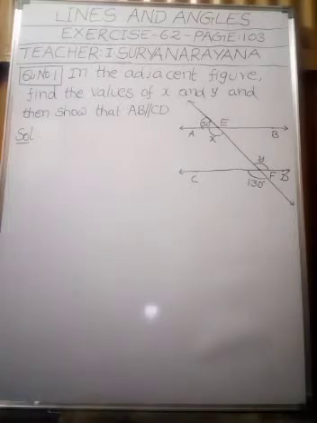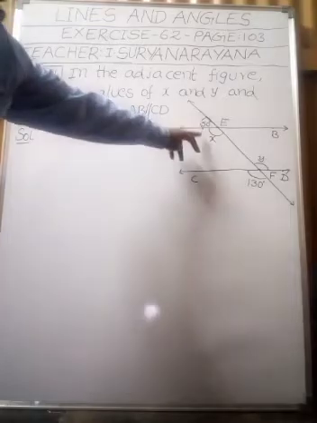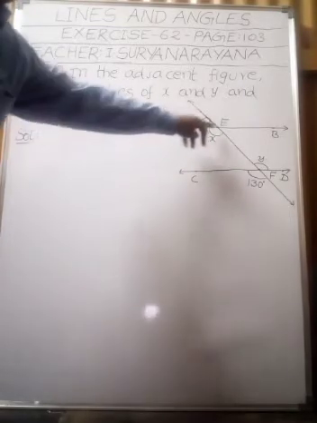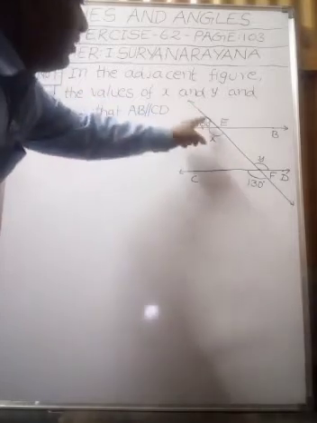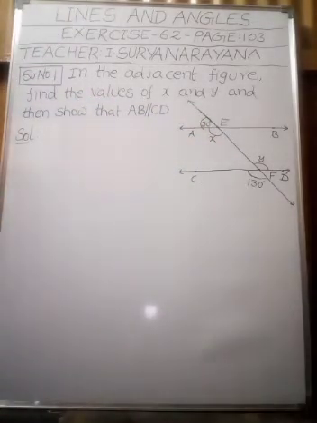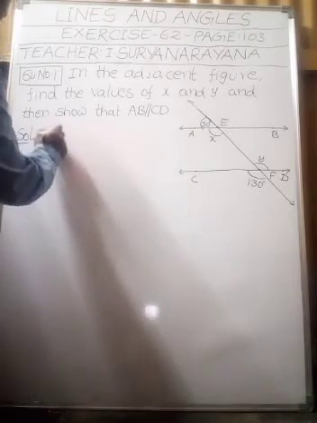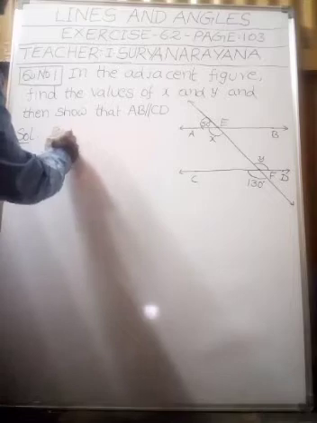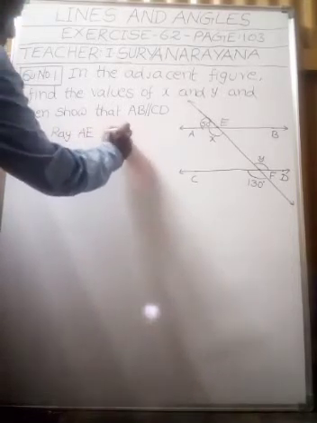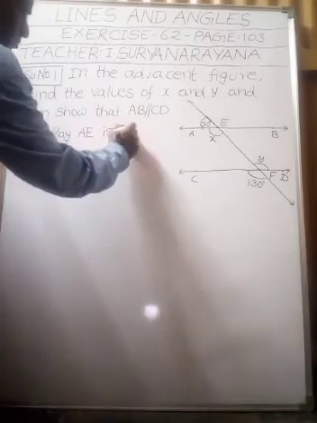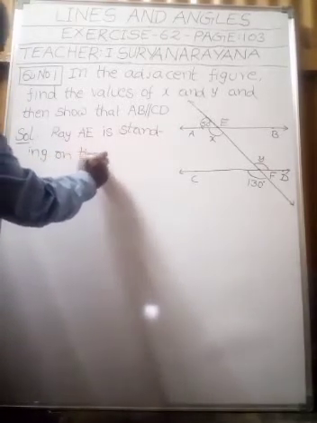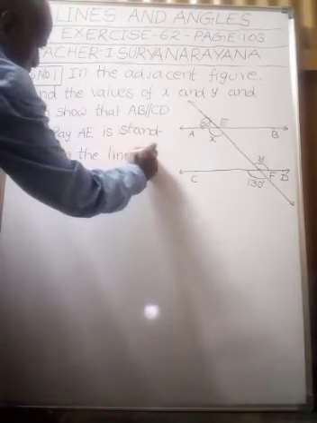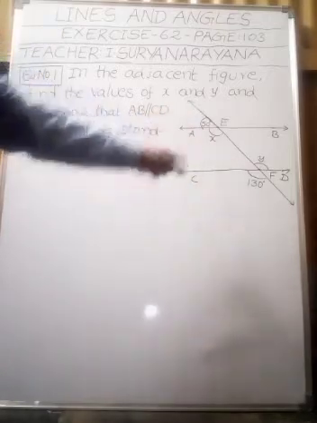If you observe these two angles, ray AE is standing on the line EF.